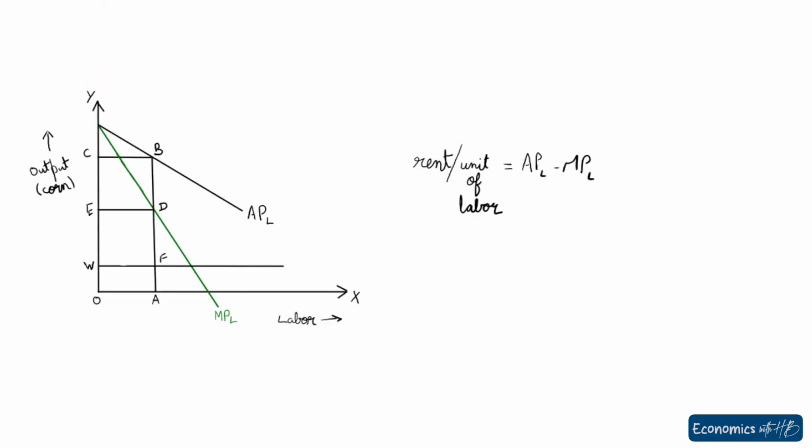See this diagram. Here we have 2 lines respectively representing average product of labor denoted by APL and marginal product of labor MPL. Rent per unit of labor is taken as the difference between APL and MPL.